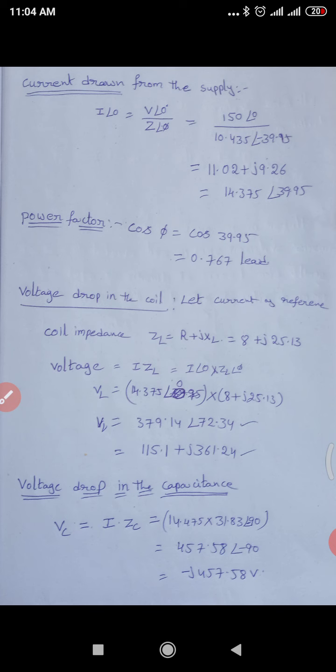Next, voltage drop in the coil. Coil means we have to consider both resistor and inductor. If he mentioned particularly to find out the voltage across resistor and inductor, we would treat them separately.